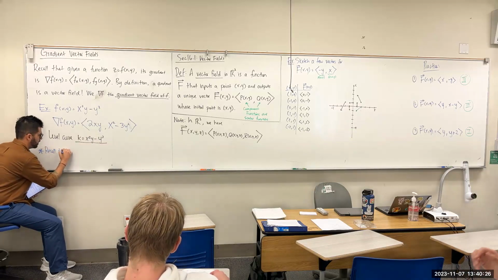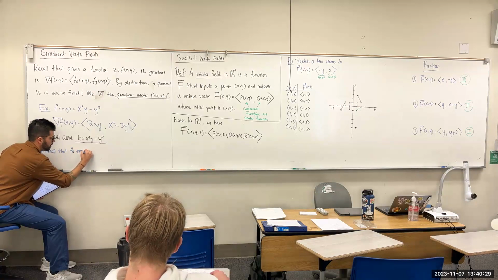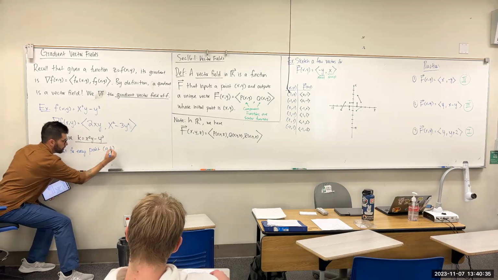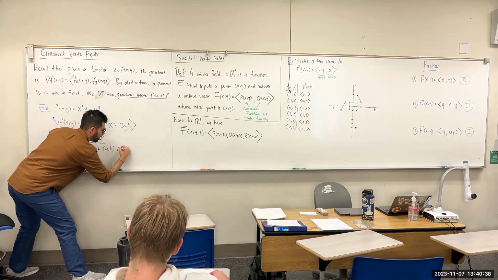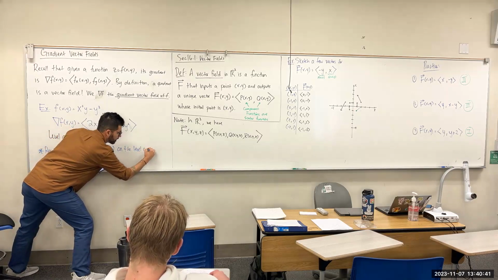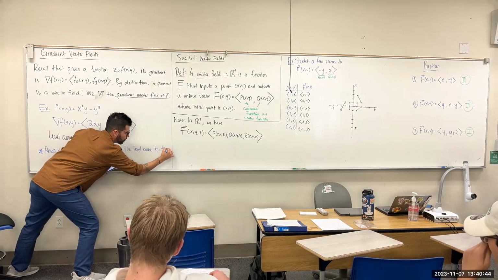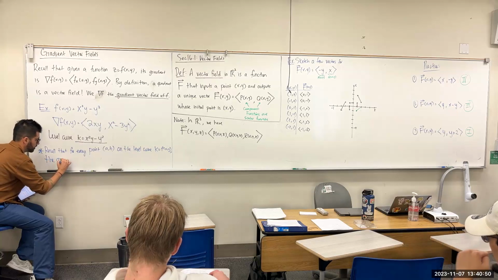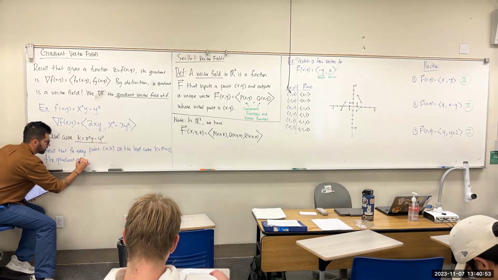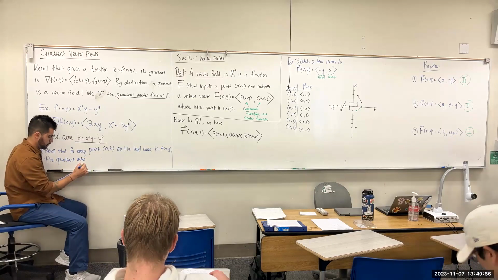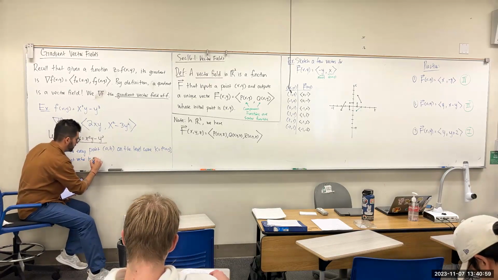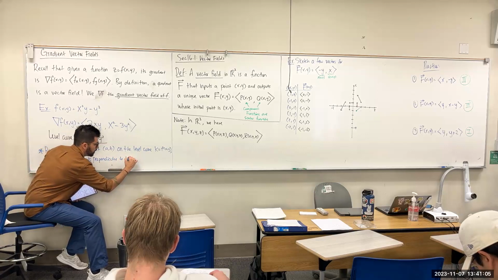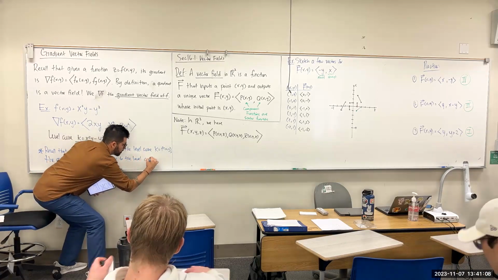Recall that for every point (a, b) on the level curve k equals f of x, y, the gradient vector is perpendicular to the level curve at that point.